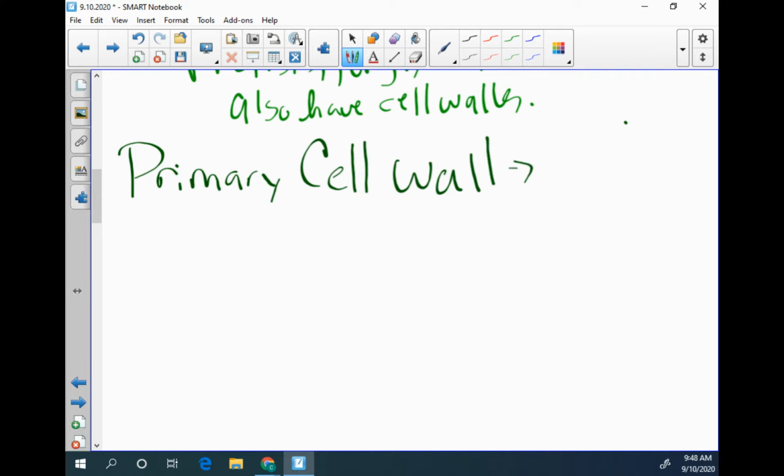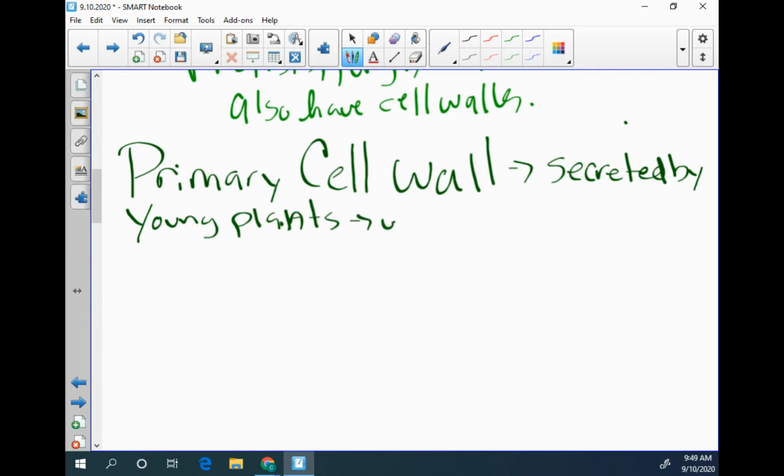The primary cell wall is secreted by young plants. It is usually thin and flexible.